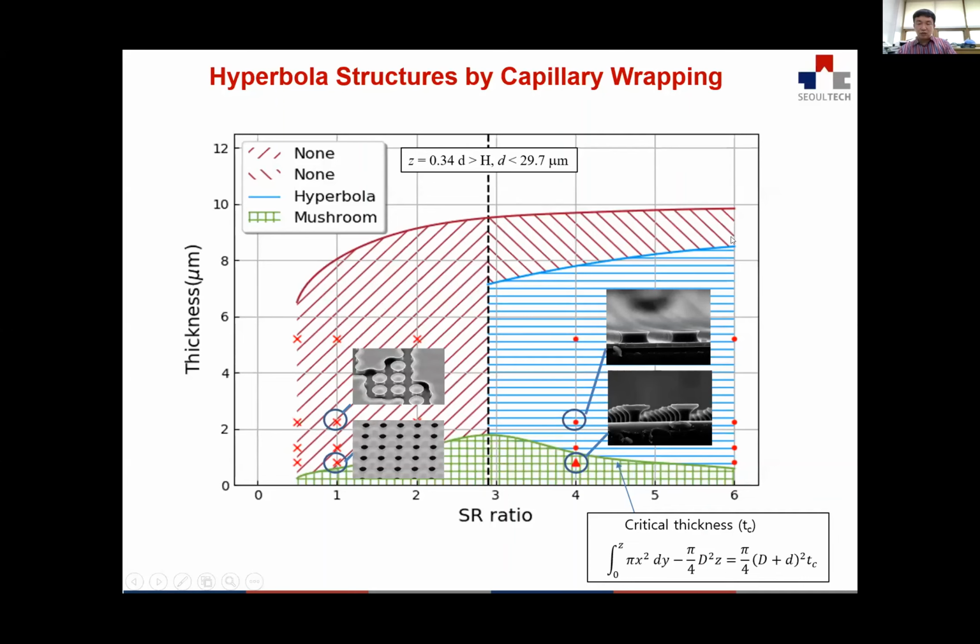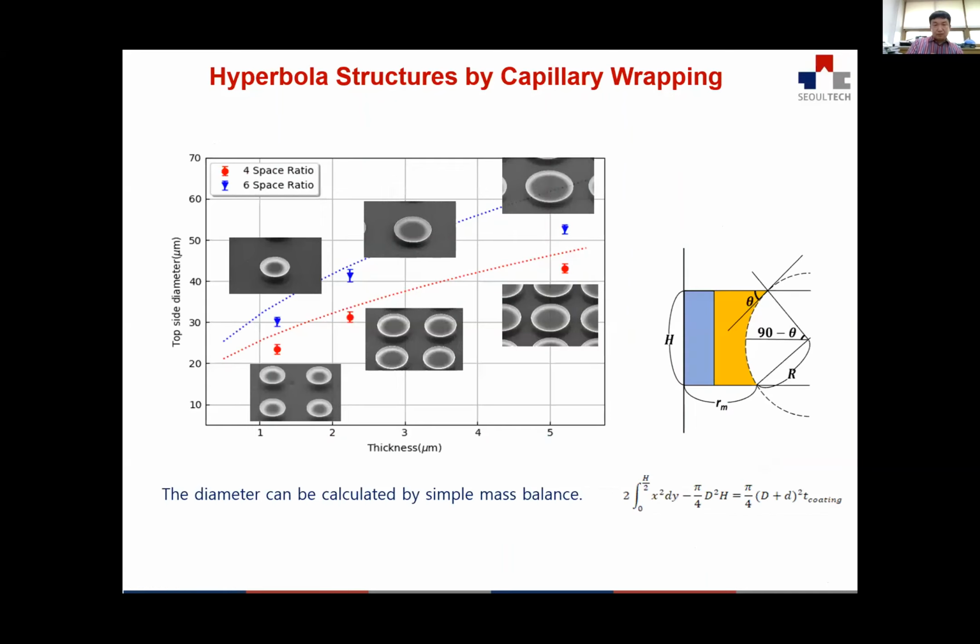As you can see, the operation window or the condition for obtaining hyperbola structure is very wide. It means that we can obtain the hyperbola structures very easily. Also, by just using the simple mass balance, we can obtain the graph of the diameter and the thickness or the space ratio.